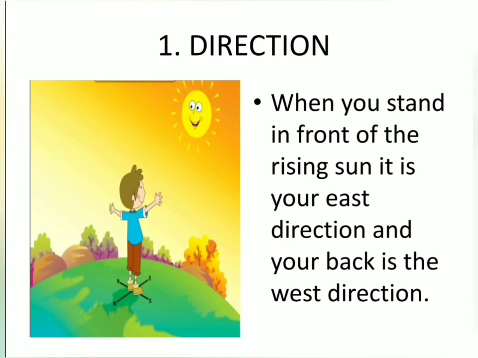Same way, when you stand in front of the rising sun, it is your east direction and your back is the west direction. Observe this boy carefully. He is standing in front of the rising sun. So his back is the west direction and his front part of the body is the east direction.